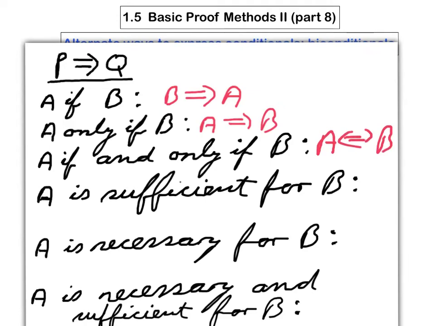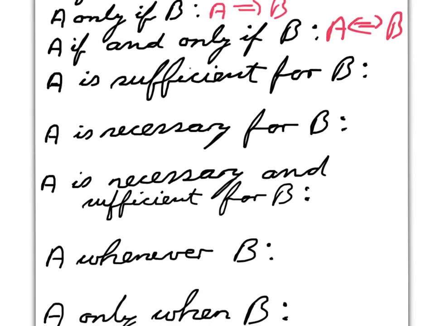Okay, now let's look at a few more examples. A is sufficient for B. What does that mean? It means that A is just barely enough to force B to be true. That's what sufficient really means.